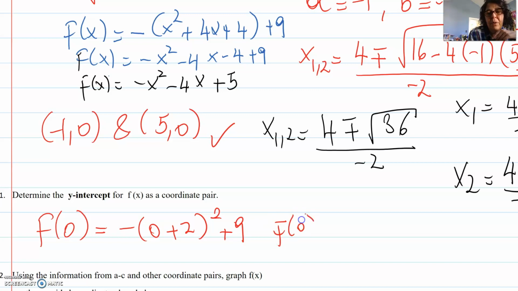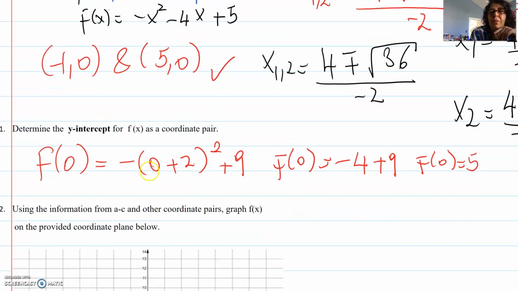And f of 0 will be equal to, so 2 squared is 4. That will turn out negative 4 and plus 9. So f of 0 is equal to 5. Be careful with the negative sign up front. And then the y-intercept will happen to be 0, 5. Okay, make sure that you're giving the point forms.